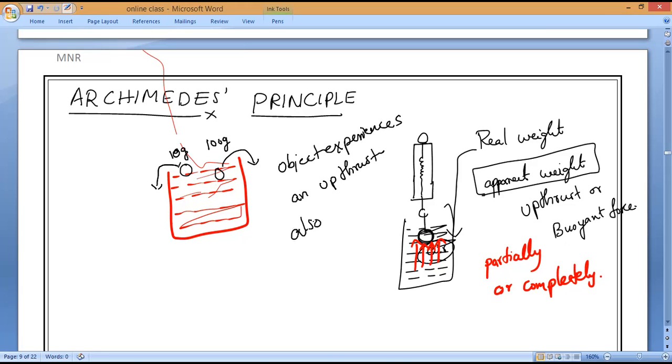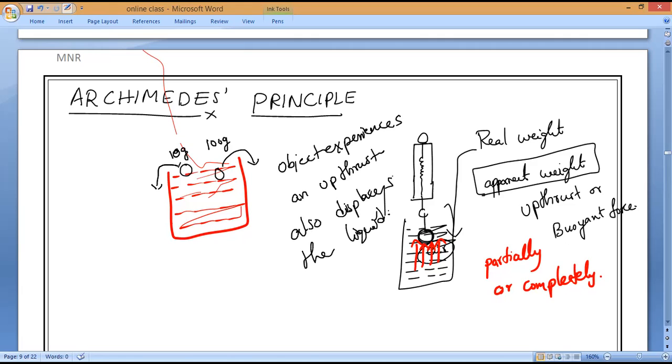And the object is also doing one thing. What is that? It will displace the liquid. Do you notice it or not? Everyone? Yes or no? Please respond. Yes. That is what you have to remember.